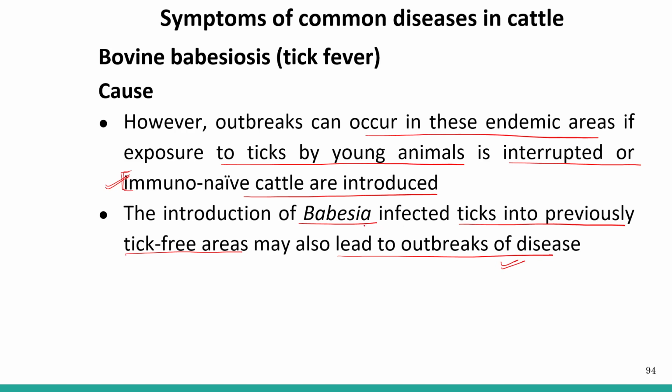So if any animal is infected with the tick, and that tick is infected with the Babesia, and a new animal is introduced in a new, tick-free area where no tick is there for this particular disease, who is having this tick on their body, this can spread from animal to animal in this area.